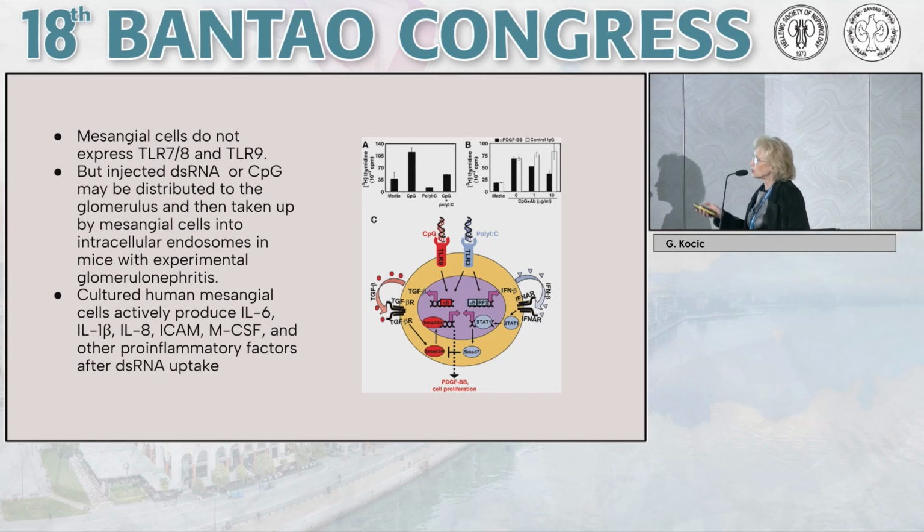We have one example concerning the mesangial cells, which, for example, do not express toll-like receptors 3 and 9, which are capable of recognizing nucleic acid.